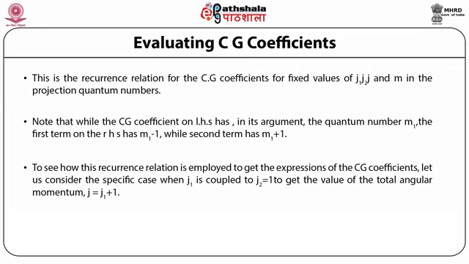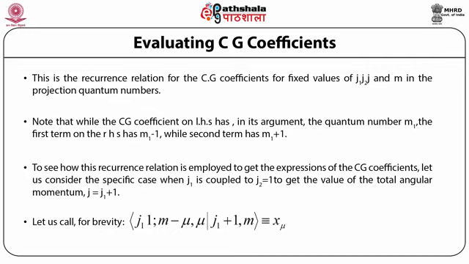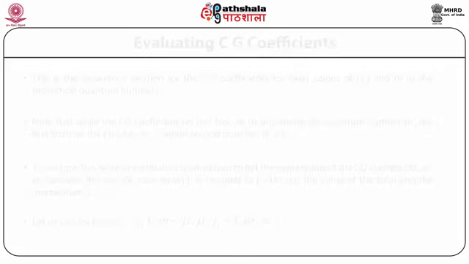So j is equal to j1 plus j2, equal to j1 plus 1. Now let us call for brevity bra j1 1 m minus mu, ket j1 plus 1 m equivalent to x subscript mu.